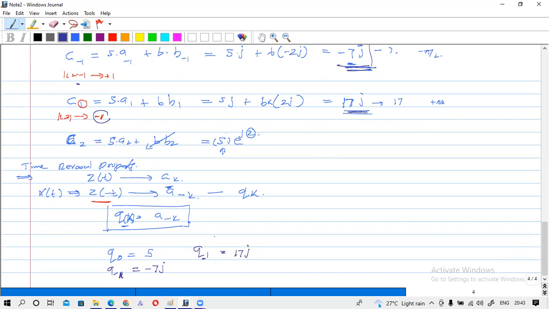And here c is equal to 2, k is equal to 2, and you have to get the minus k, that is minus 2.